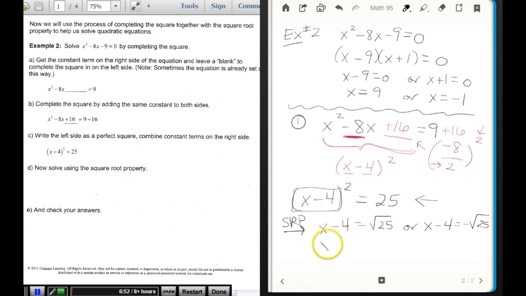Okay, and these simplify nicely, so x minus 4 equals 5, or x minus 4 equals negative 5. So x equals 9 or x equals negative 1. And isn't that what we got before? Yep, when we factored it, that's exactly what we got before.